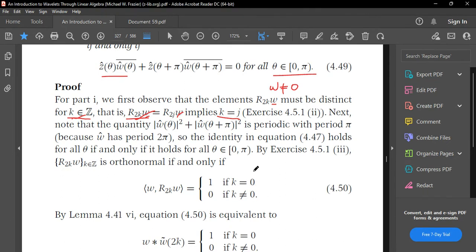For this result we will prove the exercise 4.5.1, first result first, then we will prove the second result.